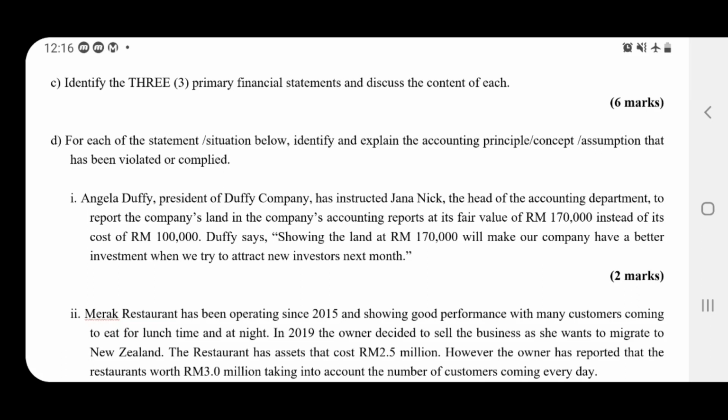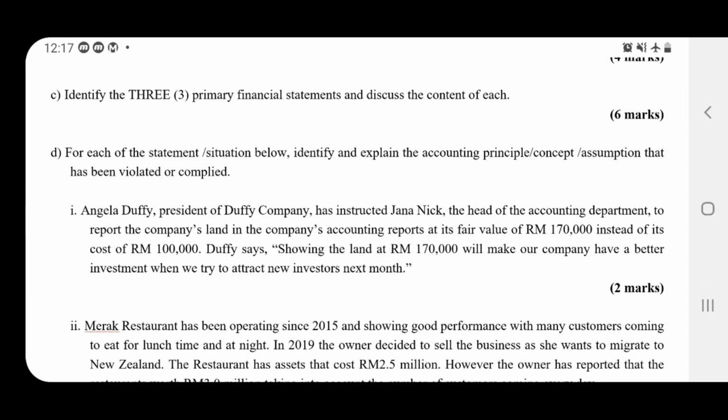And the third primary financial statement is cash flow statement. Cash flow statement shows all cash in and cash out that happen in a financial year.